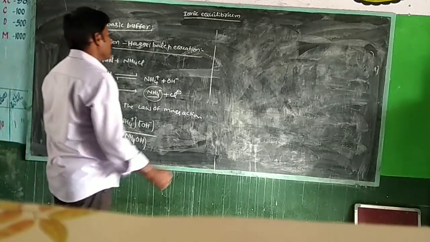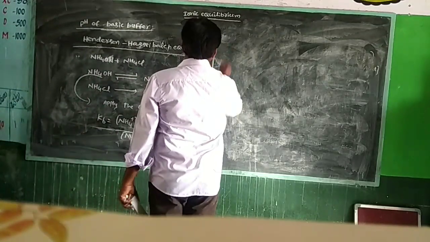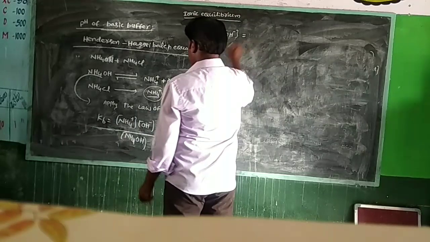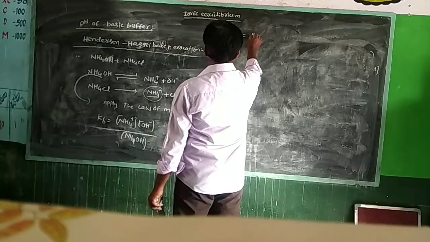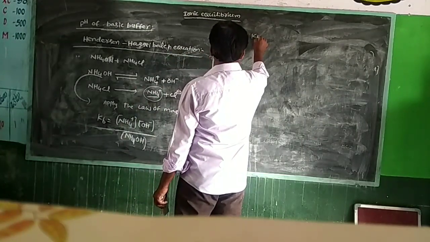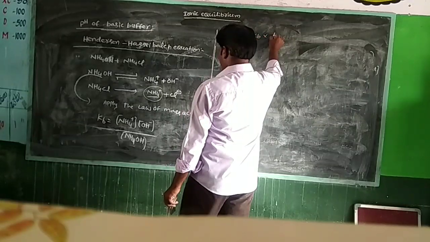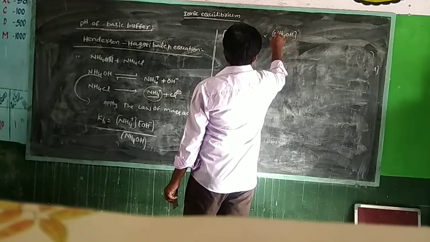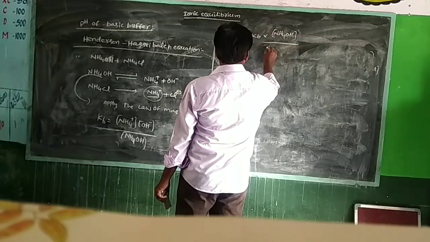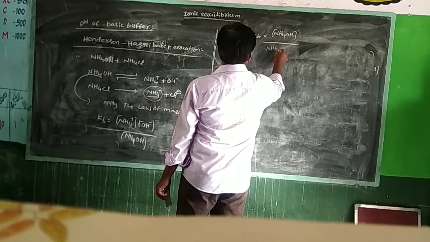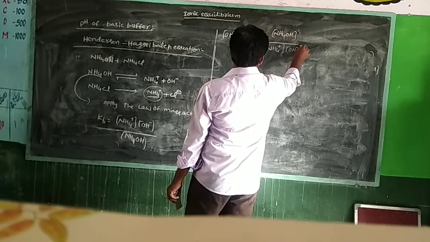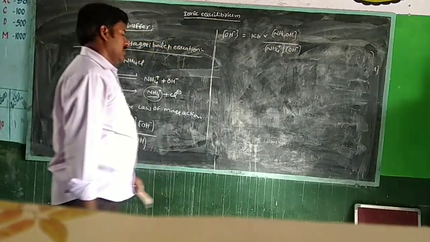You can find the OH minus ion. OH minus ion is equal to Kb into NH4OH concentration upon NH4 plus concentration.